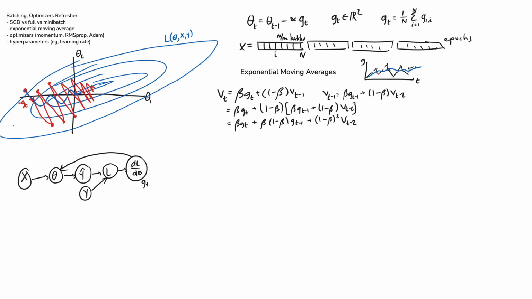I'm not going to continue deriving it step by step, but at a certain point you have something that looks like this: beta, and we'll put a 1 minus beta to the 0, which of course equals 1, just to help us see the pattern, g t minus 1, plus beta 1 minus beta to the 1 power g t minus 2, plus beta 1 minus beta squared times g t minus 3, plus beta 1 minus beta cubed times g t minus 4.